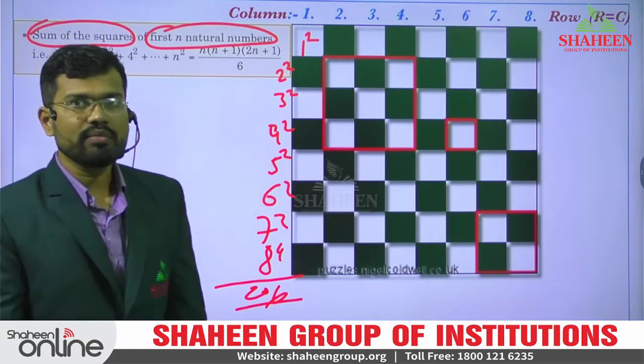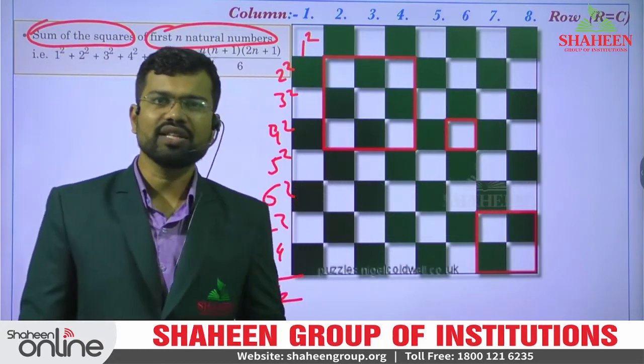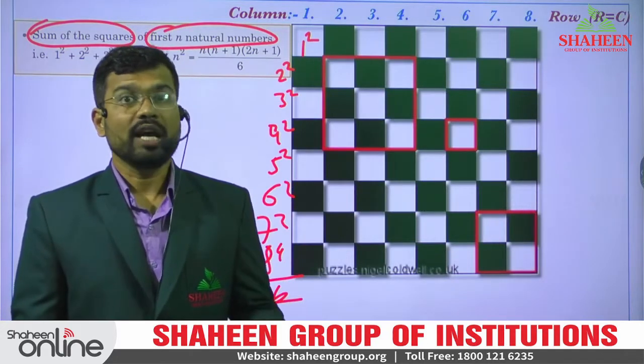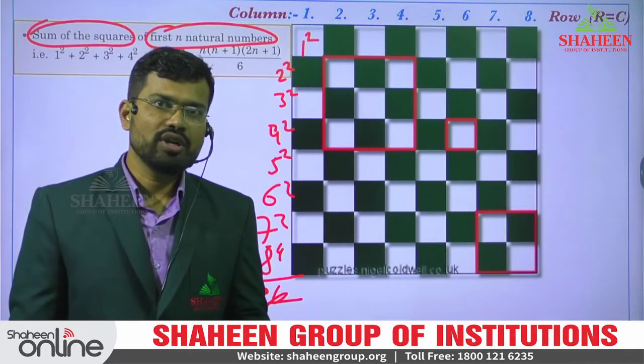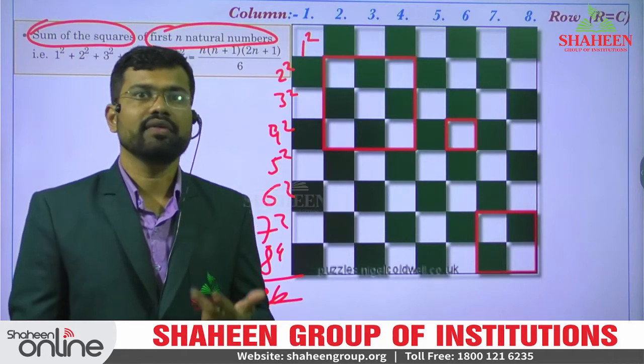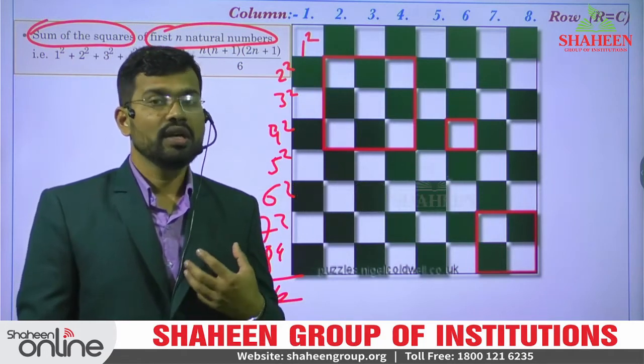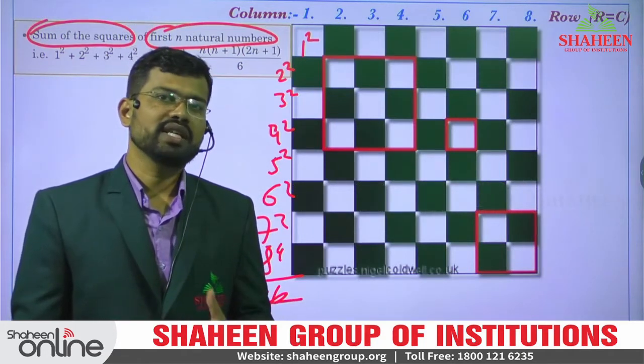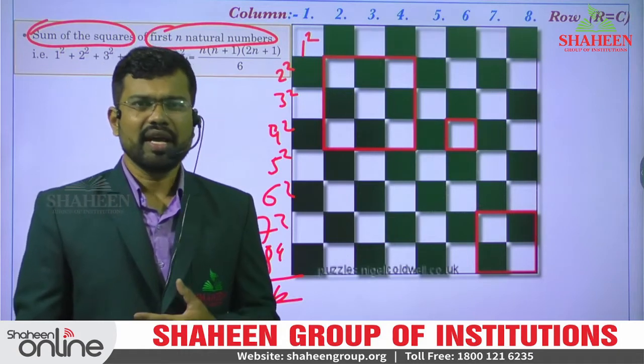Friends, we have seen many types of numbers: natural number, whole number, even, odd, integer, prime number, co-prime number, rational number, irrational number, and so on.